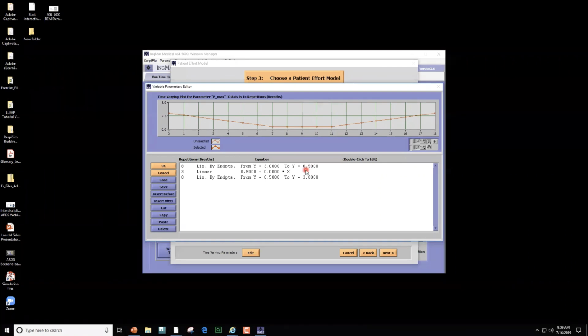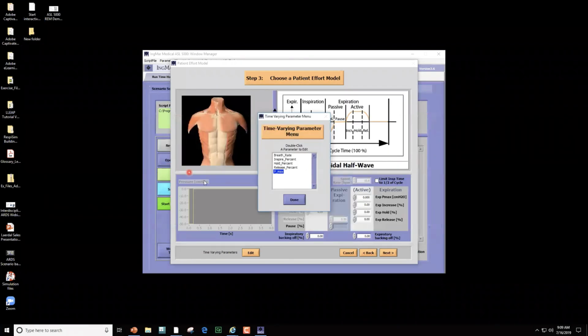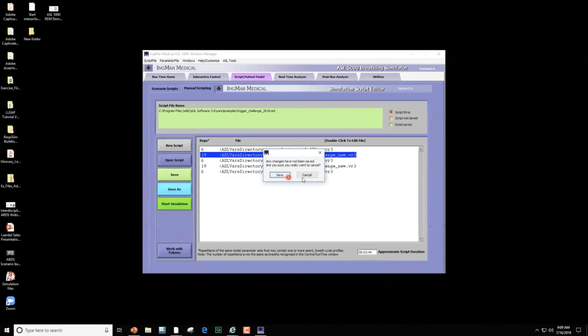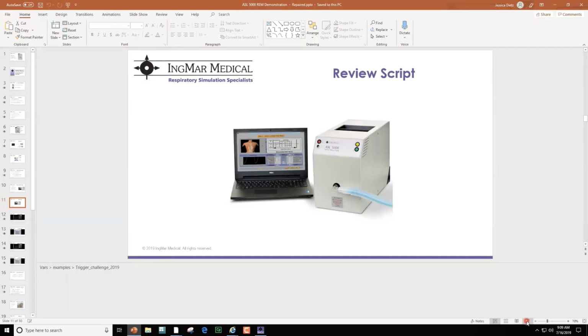We'll keep it there for a few breaths, and then we'll increase again to see when the ventilator again recognizes those patient efforts. This kind of experiment in a script can be repeated multiple times if you need aspects of reliability and so on involved in your testing. But this is basically the way we conceptualize this.